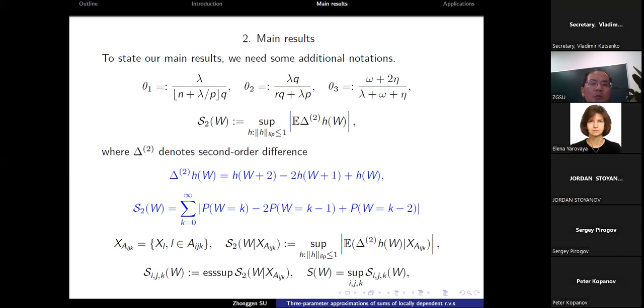In other words, S2 of W can be written as an infinite series.